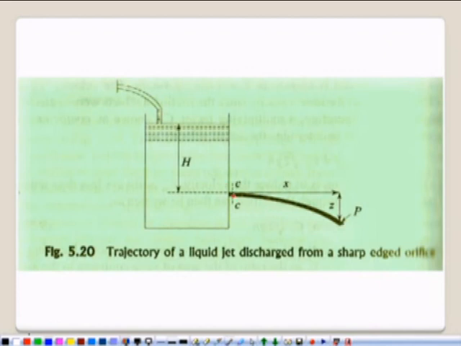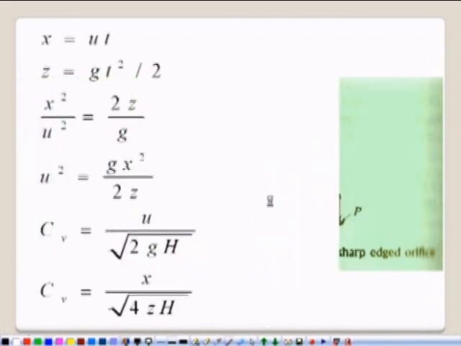Once a jet emerges out of this orifice at Cc, which is known as the vena contracta, we have the velocity component only in the x direction. Only in the x direction we have velocity. So, because of this we can write what happens to x and what happens to z.